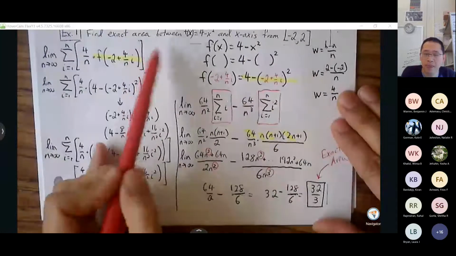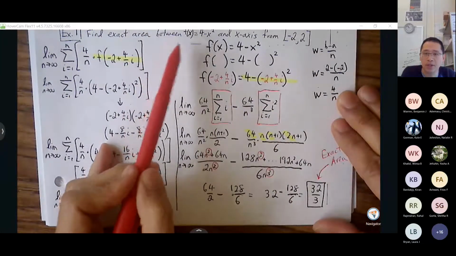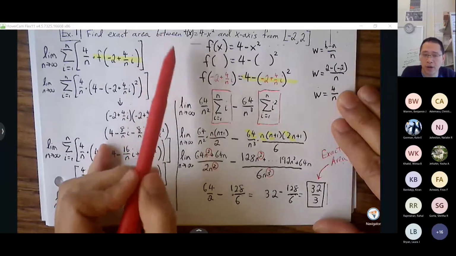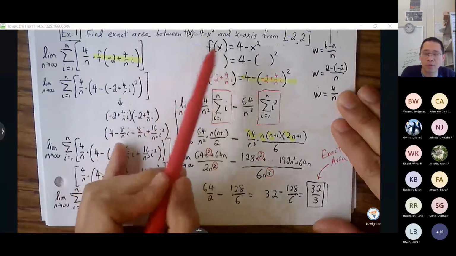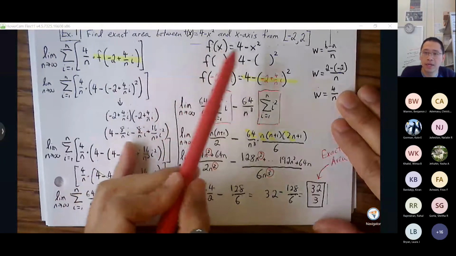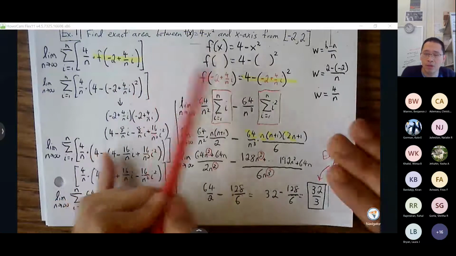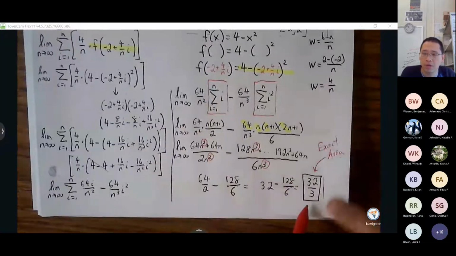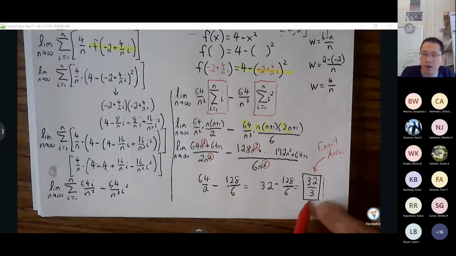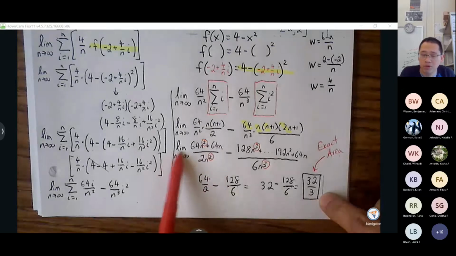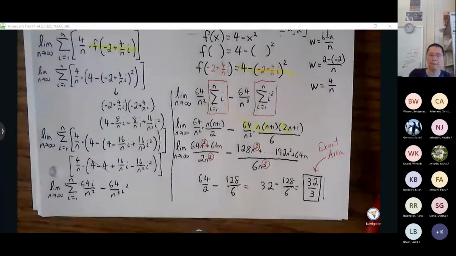So if we tried with 4, then we went to 8, then 24, then 32, each of the approximations will become increasingly more accurate. It'll get closer and closer towards this value, but now we've achieved the exact area because we've pushed the number of rectangles out to infinity.